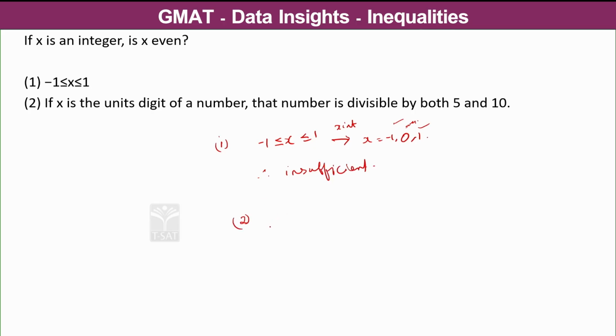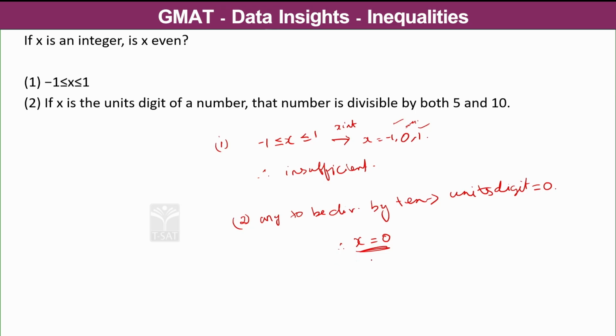Let us take statement number 2. This statement says that x is the units digit of a number, and that number is divisible by both 5 and 10. For any number to be divisible by 10, the units digit must be 0. Therefore, x is the units digit, that is x will always be equal to 0, and it is an integer.